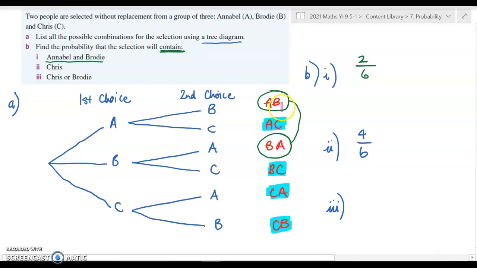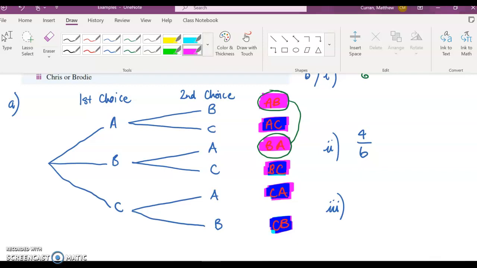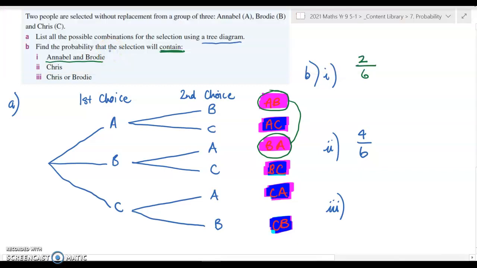So I'm going to highlight the ones that contain either C or B. So that contains a B, that contains a C, B, C, C, and B. So there are none left out. There's none. So there's 6 out of 6.